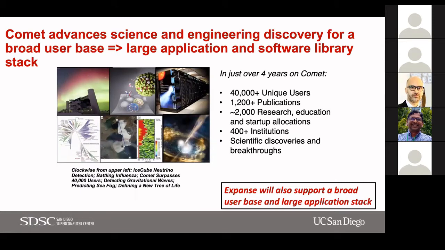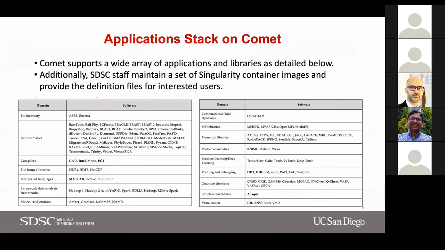In terms of software, I think we saw this slide in the morning too. Basically, Comet has been supporting a really broad user base, a large application and software library stack, and thousands of users. So Expanse is really an evolution of this, and we expect to be doing the same kind of broad user base and application stack.